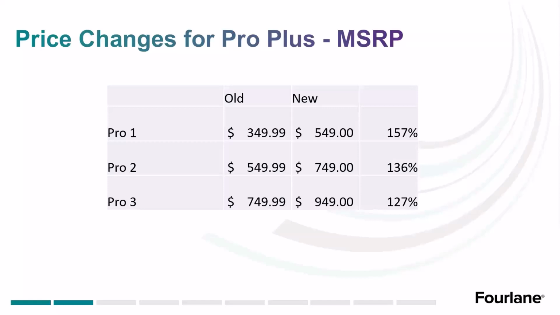What I'm being told this year is that we won't have it on sale in any channel. It will be MSRP in all channels. As an example, on our website we were selling a Pro 1 user for $199.99. In the new world, we are supposed to be selling only at $549.